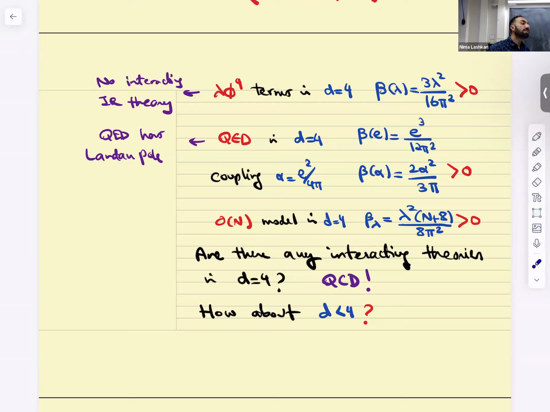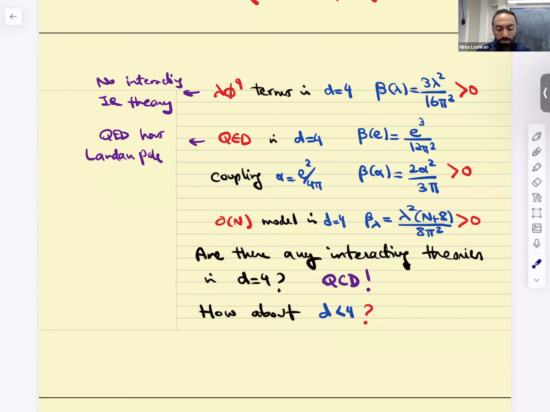As an effective field theory it's fine, but the Landau pole tells you that at scales way less than the Landau pole, there should be new physics. And we know that QED is not the end of the world, right? There is more to the physics of the standard model than QED. There are more massive particles that are coupled to the photon or QED.